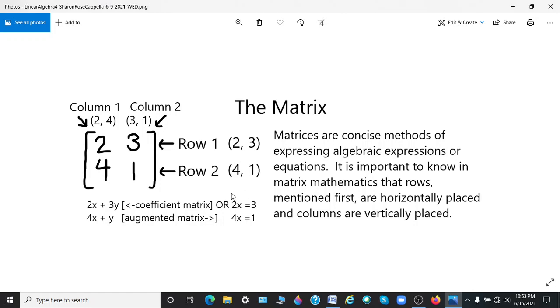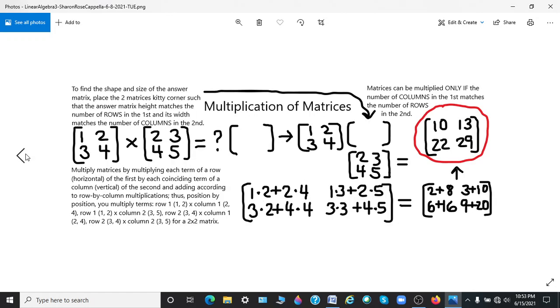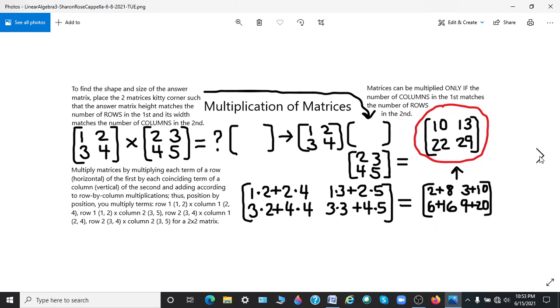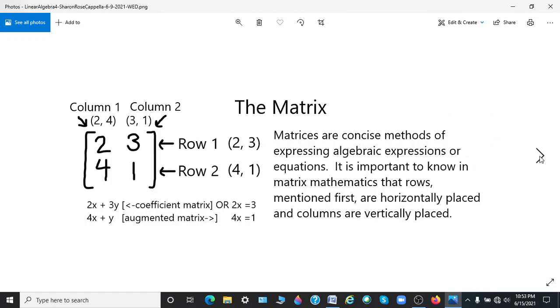But these are the basics to start with. And we covered addition and also subtraction. I could have done an example of that, but it's really not necessary because it's exactly the same format. You just change the plus to minus. And then the multiplication is as such. I need to do an example with different size matrices, but this is what we will start with.